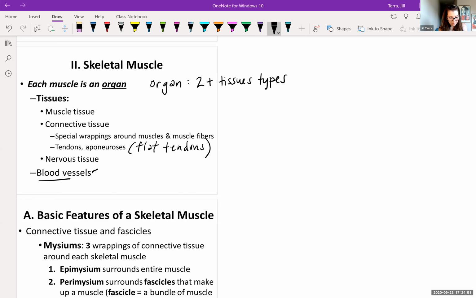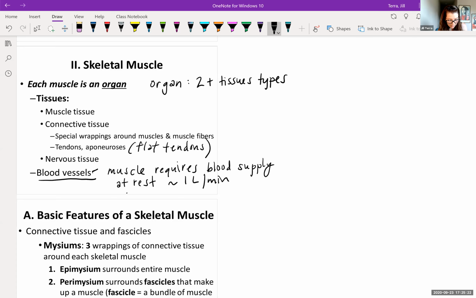And then we're going to see that blood vessels are intimately organized. As I said, our muscular system requires a lot of blood. And at rest, about a little over a liter of blood per minute is supplied to our skeletal muscle system.